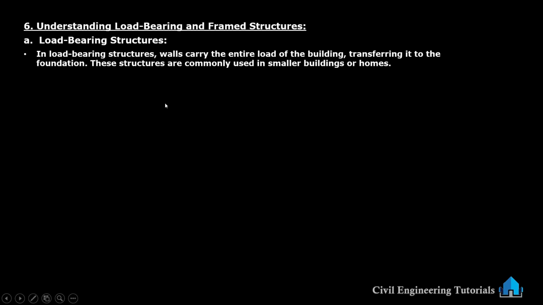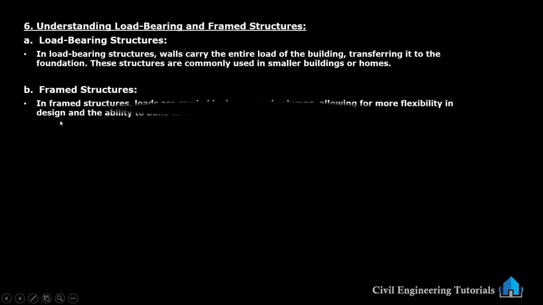These structures are commonly used in smaller buildings or homes. Now, framed structures. In framed structures, loads are carried by beams and columns, allowing for more flexibility in design and the ability to build taller structures.